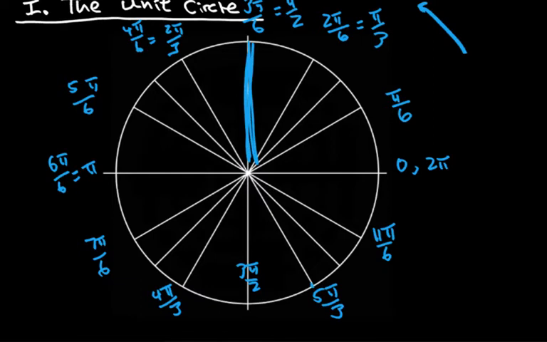Divide that in half, get 3 pi over 6, which is pi over 2. That should make sense. And then we divide that in half, and then we get this. This is directly halfway between pi over 2 and 0. So if we have half of pi over 2, we get pi over 4. So this is pi over 4.